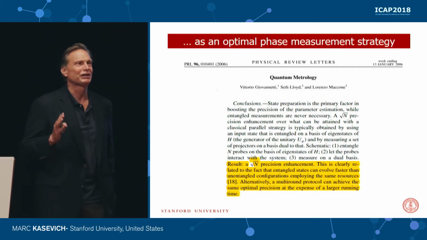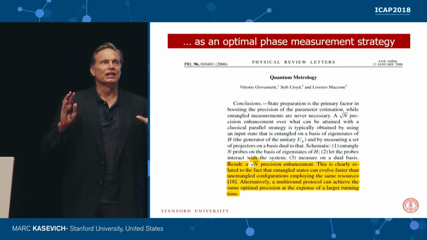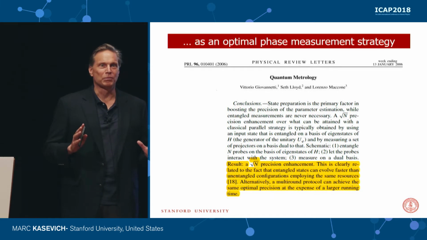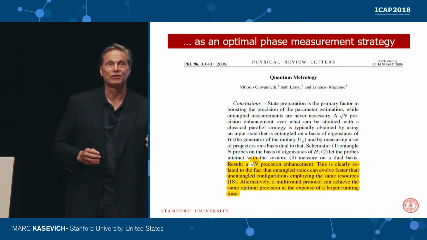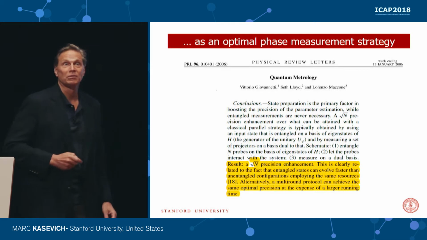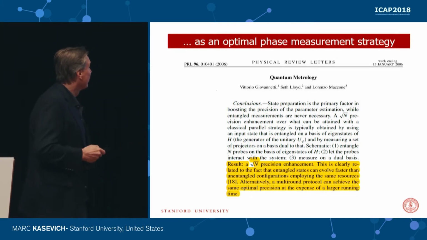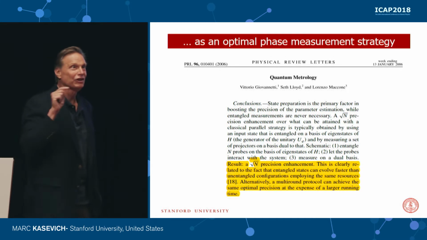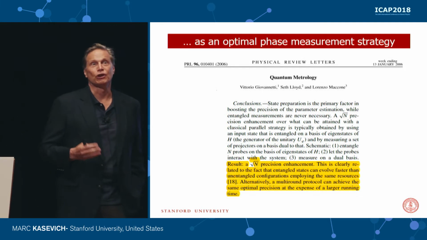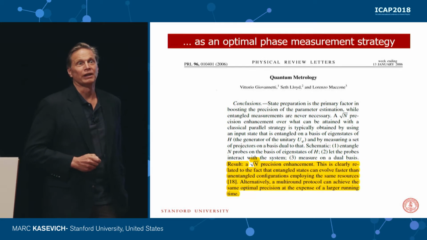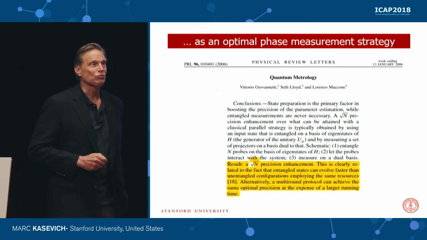They said, basically, to paraphrase, you can entangle the probe particles like we did in the first part of the talk and create a marvelous squeezed state, which is going to give you an enhancement in the phase readout of the system. Alternatively, a multi-round protocol, that is passing a single object through the ensemble multiple times, can also result in similar enhancement in precision.